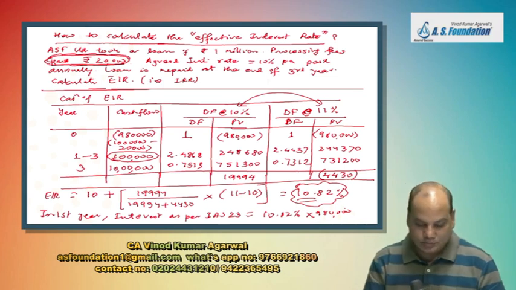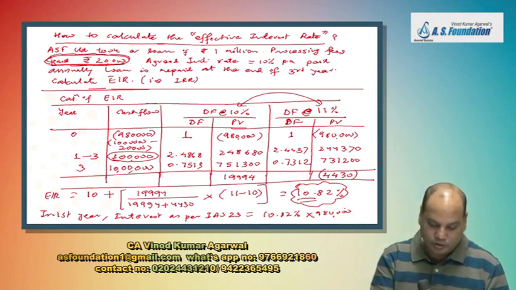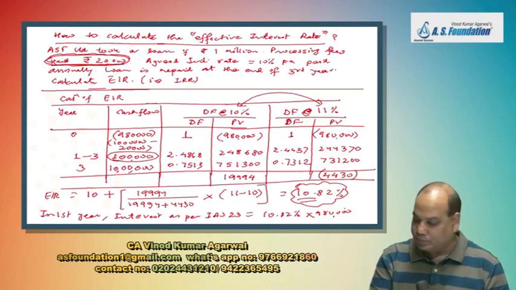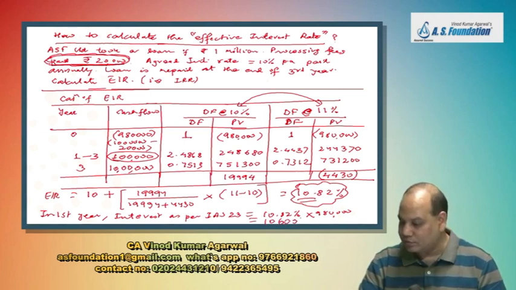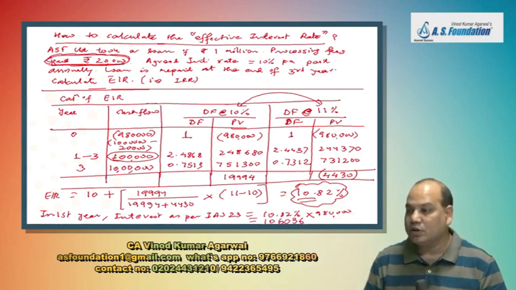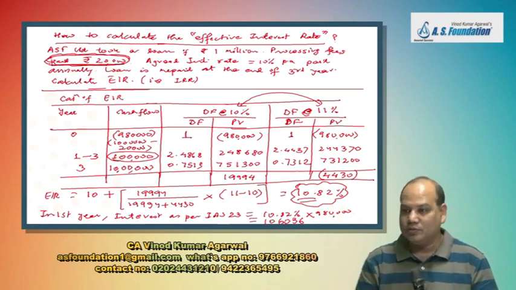How much is that? 10.82% of 9 lakh 80,000. Is it around 106036? This is the interest that you will consider in the first year as borrowing cost.